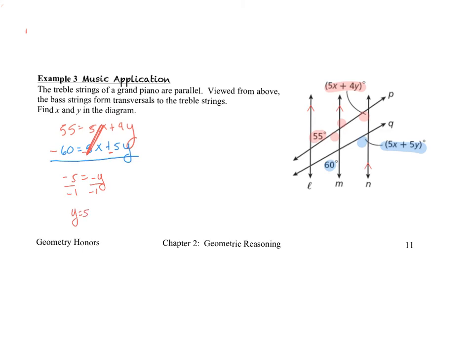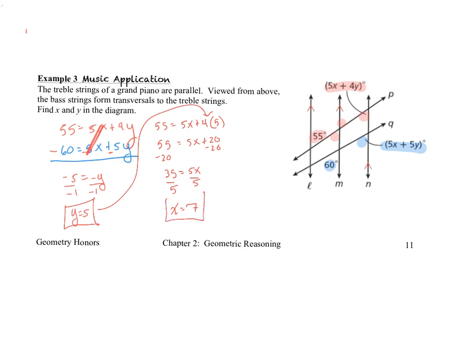So I can plug that into one of these equations. 55 equals 5x plus 4y. Well, instead of y, I'm going to put the 5 that we just got. And then we get 55 equals 5x plus 20. Subtract 20 from both sides, and I get 35 equals 5x. Divide both sides by 5, and x equals 7. So y equals 5, and x equals 7.